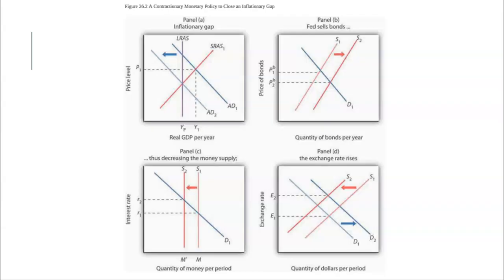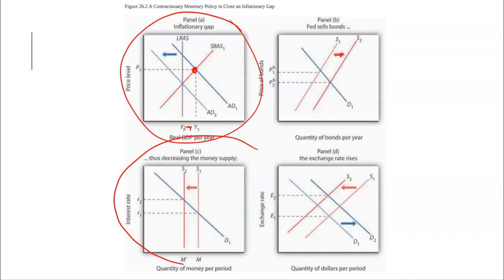Okay, so here we can see that again. So panel A, we have an inflationary gap, right? We're starting over here where we're producing beyond that long run potential. So they want to decrease aggregate demand. So they start by selling bonds. When they sell bonds, that moves us into panel C, where the money supply decreases.